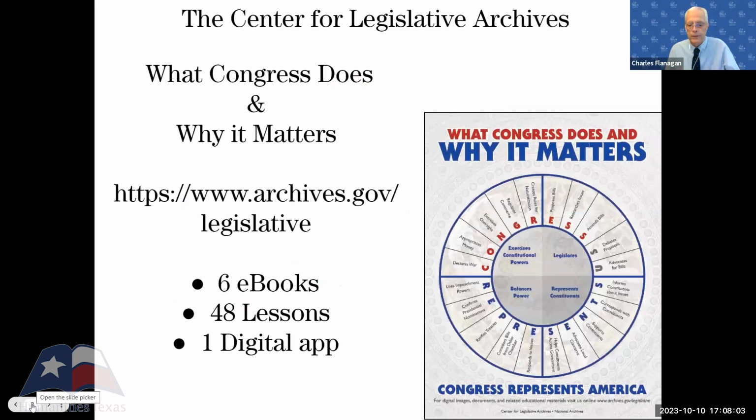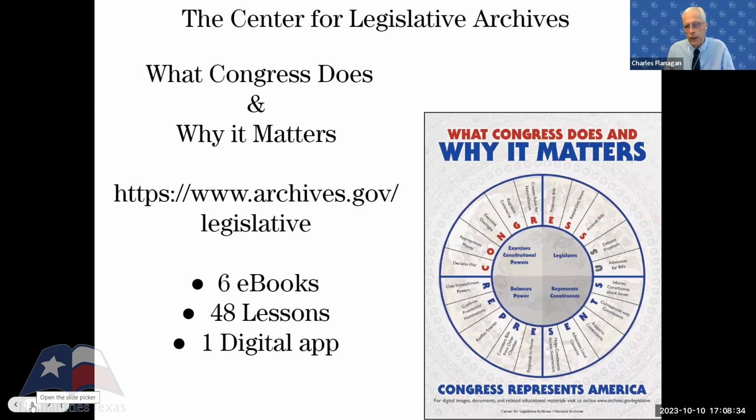The National Archives is a big federal agency, and it has different divisions, and the division I work for has the records of Congress. So it's called the Center for Legislative Archives, and we have the records of the House and the Senate going back to 1789. What we want to do is conduct outreach that helps people understand what Congress does and why it matters.